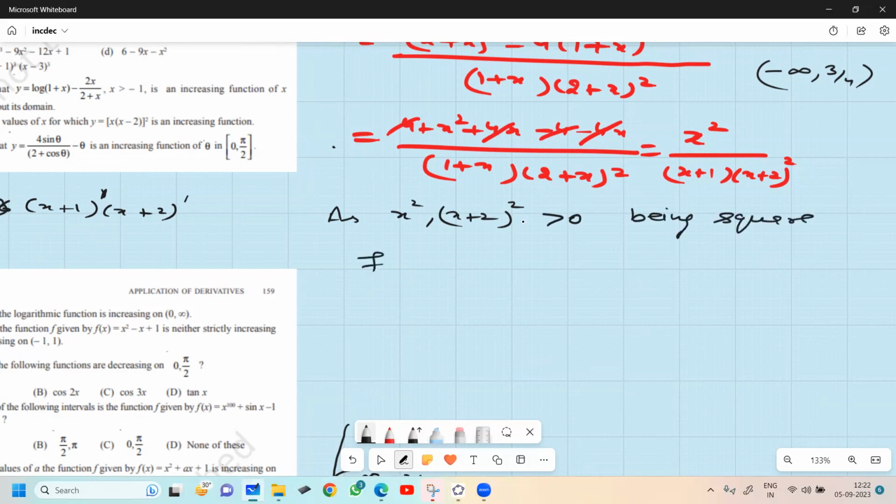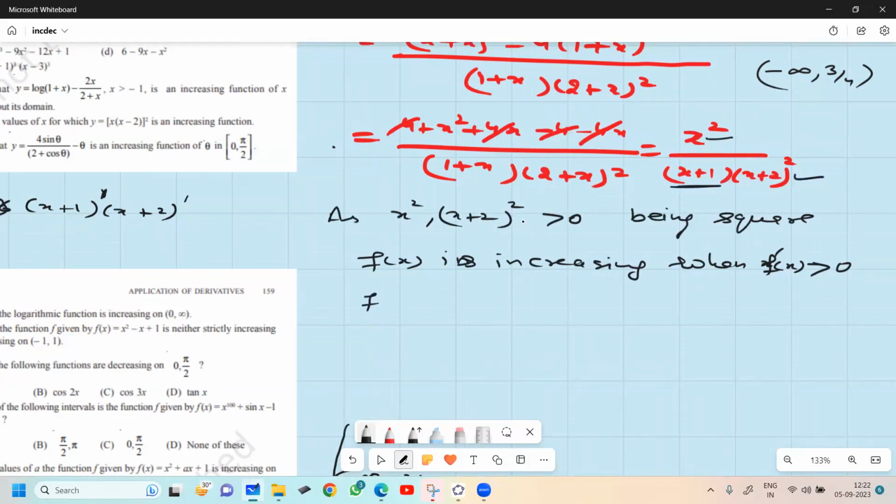So, function is increasing when f dash x is positive. Now, this is positive, this is positive. So, what we have to check? x plus 1.